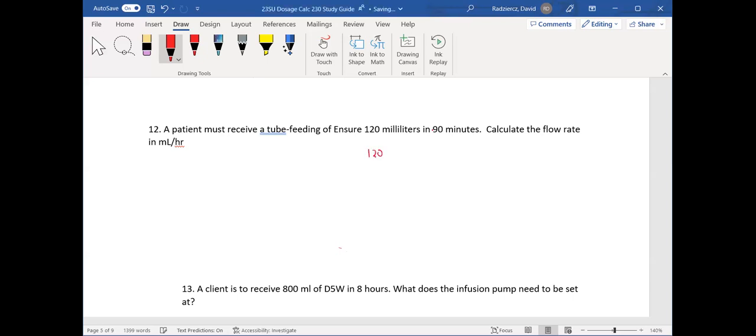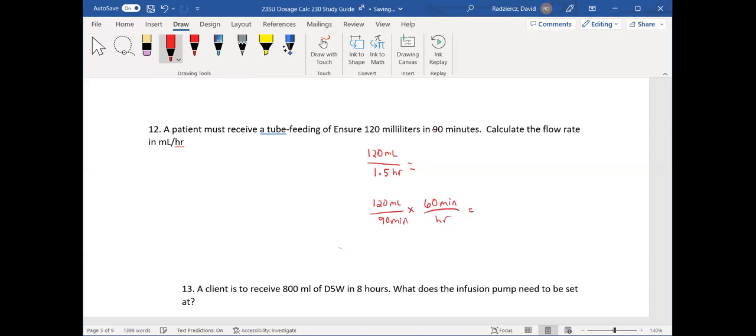If I'm doing this, there's two ways to do this. You probably already know that 90 minutes is the same thing as 1.5 hours. So that's one way to do it: 120 divided by 1.5. Or you can take your 120 milliliters in 90 minutes and then just convert minutes to hours. Either way, you're going to get to the same setup.